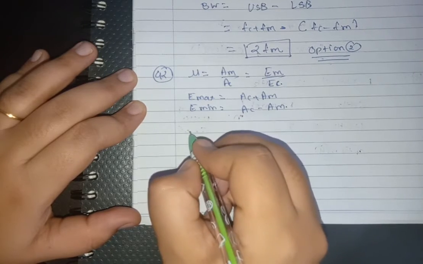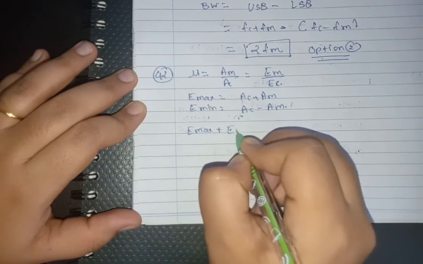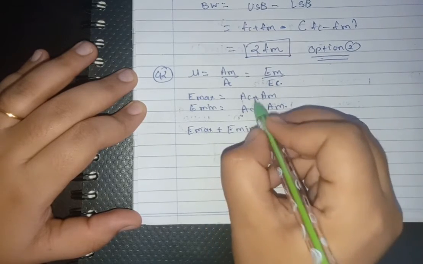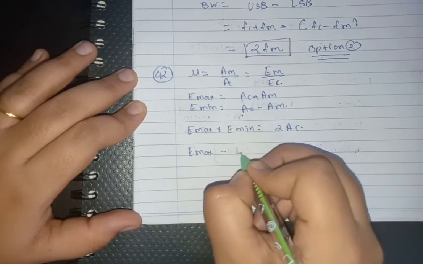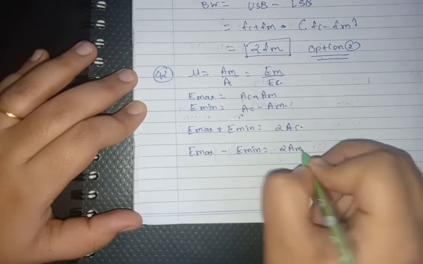Adding these two, we will get E max plus E minimum is equal to 2AC, and subtracting these two, we will get E max minus E minimum is equal to 2AM.